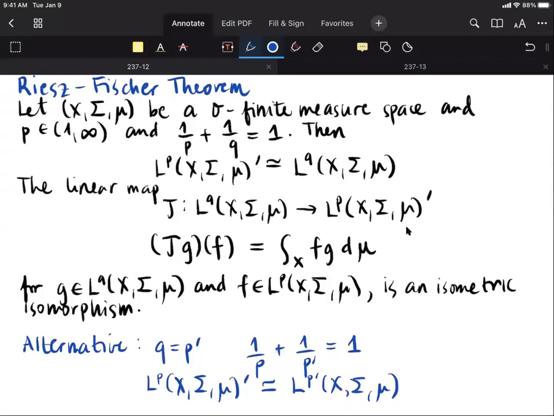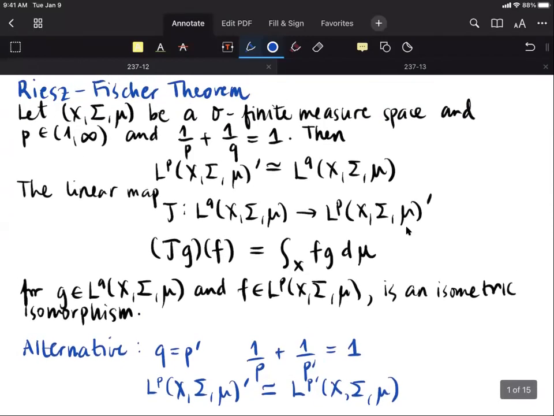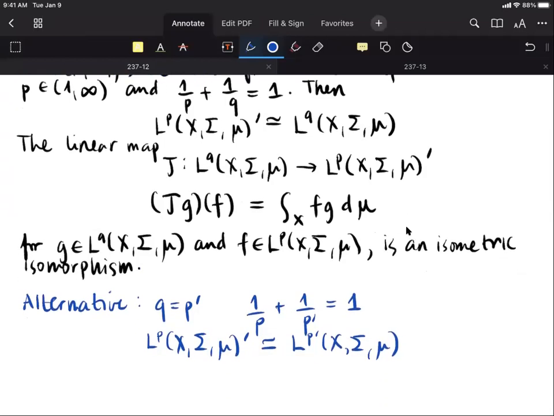So you can think of this as an extension of the Riesz representation theorem in the case of L2. However, instead of using P prime, we use Q as our exponent.